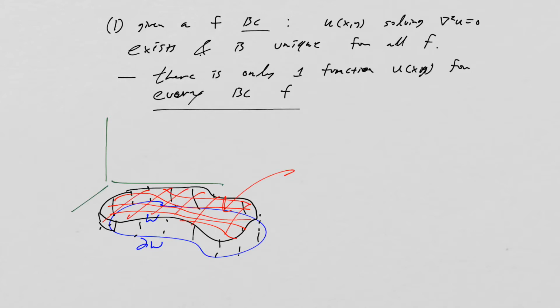And I'll draw that surface like that. So there's only one. And I think that's a really important property. So not only are they special in the fact that there's a one-to-one relationship between boundary condition and the specific harmonic function that we find, there's now another really important condition, which I'll mention now too.